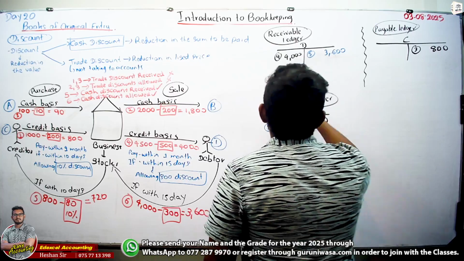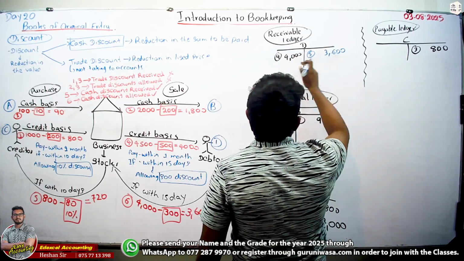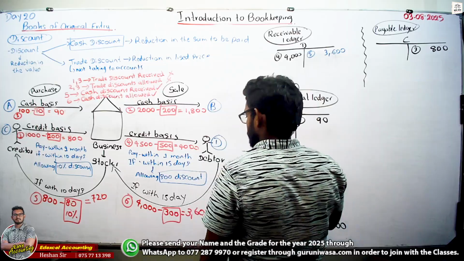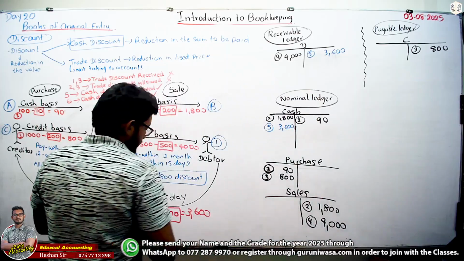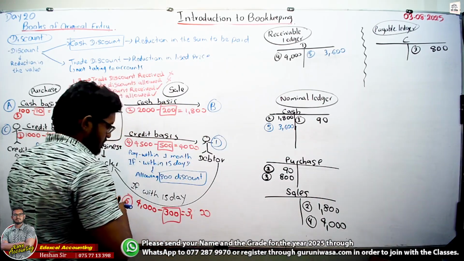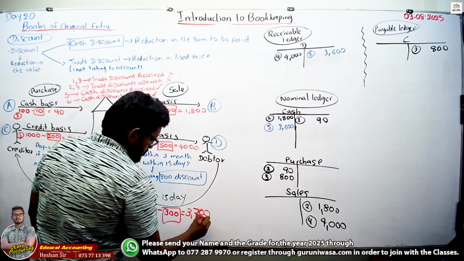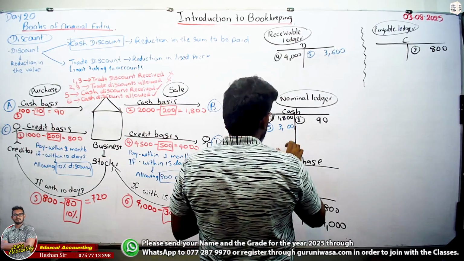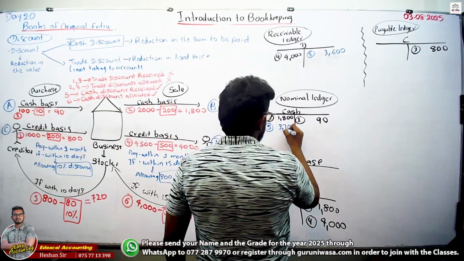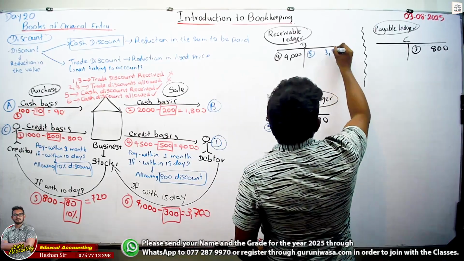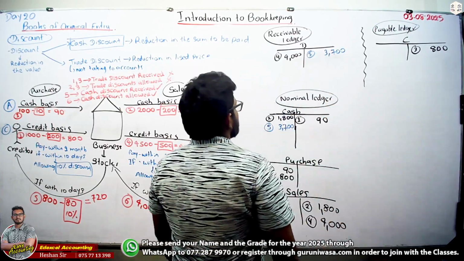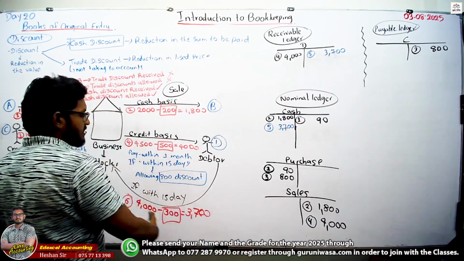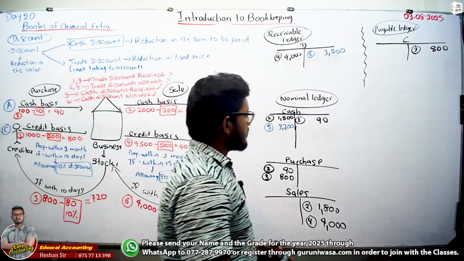But if we balance it, we can identify a 300 balance brought forward on the debit side. But it's not an actual balance, because I told this person not to pay that 300.